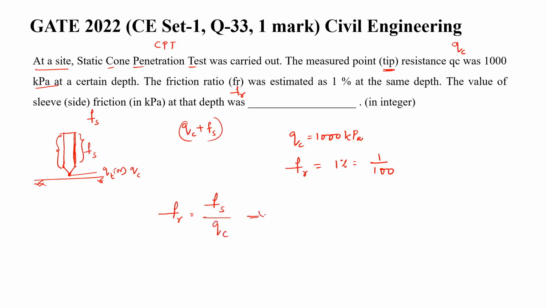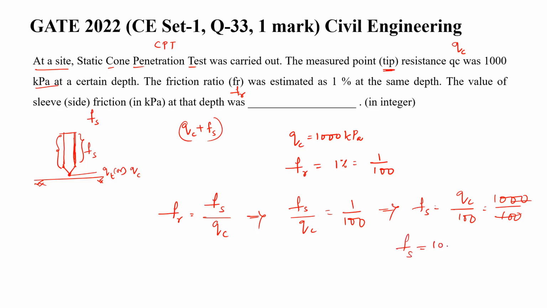Now we can write Fs by QC equal to 1 by 100, because Fr is given as 1%. So Fs equals QC by 100, which is 1000 by 100. So Fs is 10 kPa.